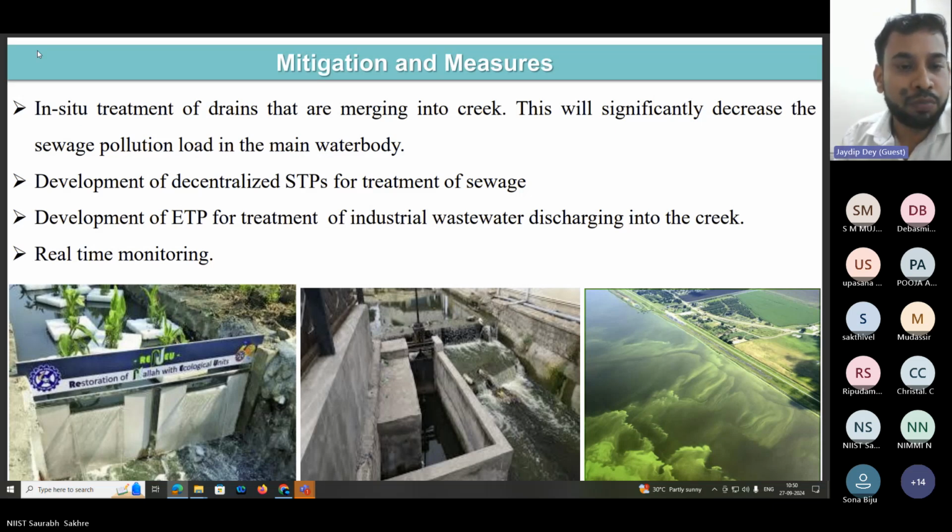We need to develop more STPs. We need decentralized treatment of sewage, development of ETPs for industrial effluent, and we need to do real-time monitoring of all these water bodies.